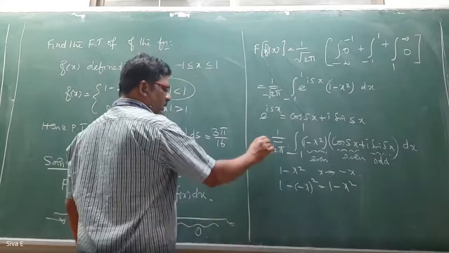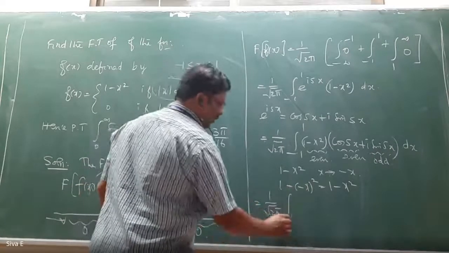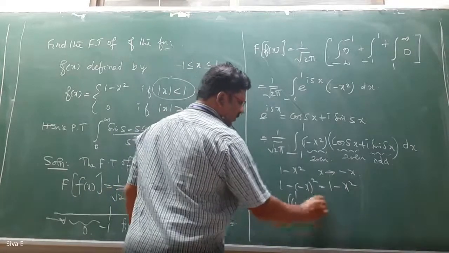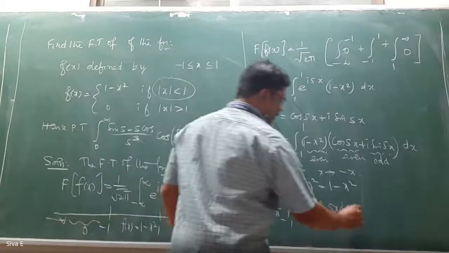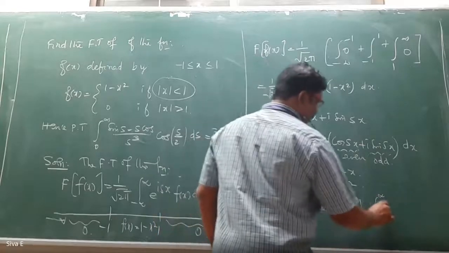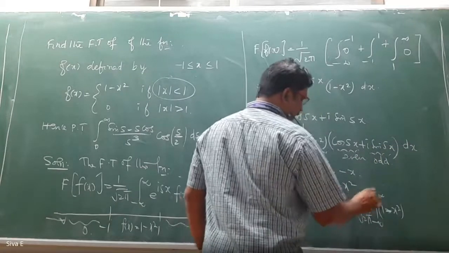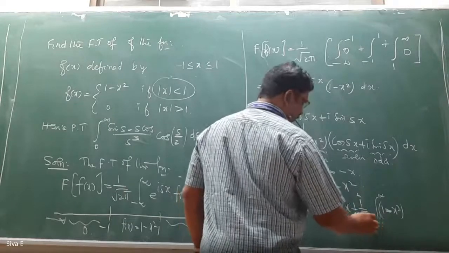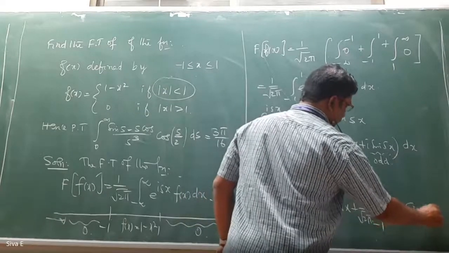So we can write this integral as 1 by root 2 pi, integral from minus 1 to plus 1, 1 minus x square, cos sx dx, plus i by root 2 pi, integral from minus 1 to plus 1, 1 minus x square, sin sx dx. I take the i outside.